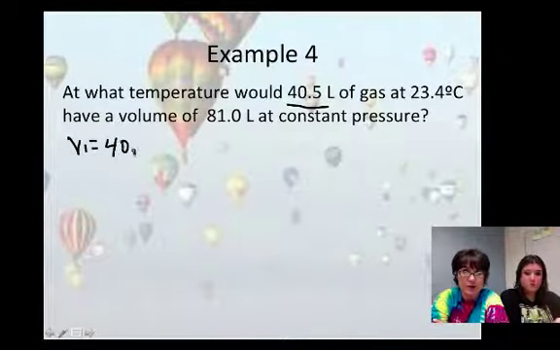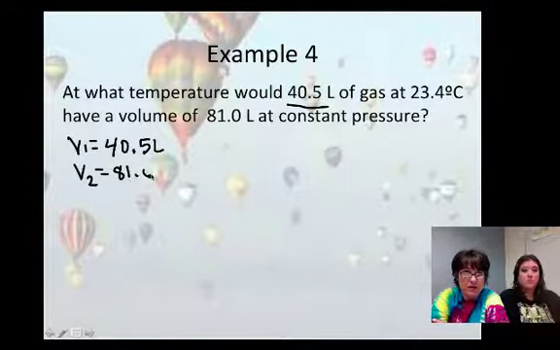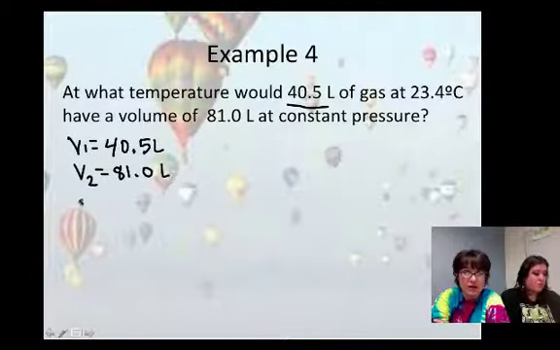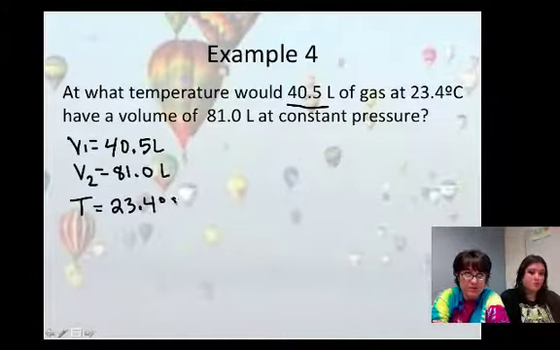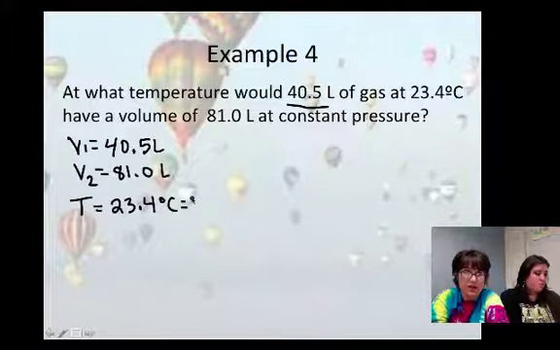So 40.5 liters, and then it changes to 81.0 liters, and then the temperature was 23.4 Celsius. So in kelvins, what's that going to be? 273.